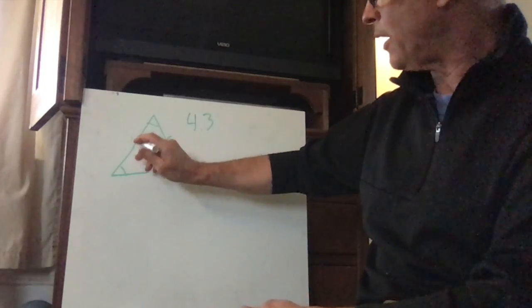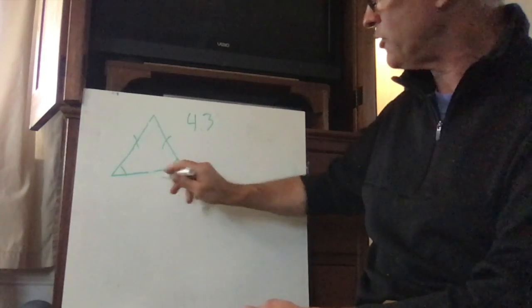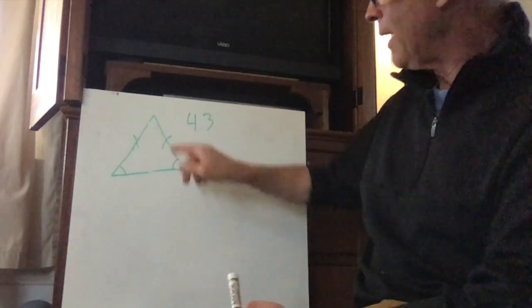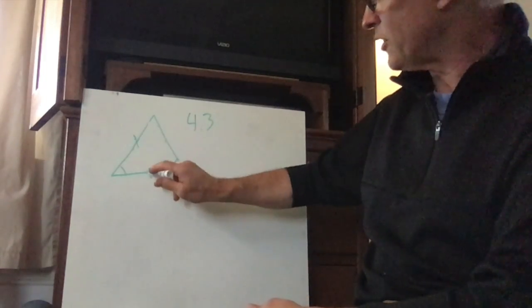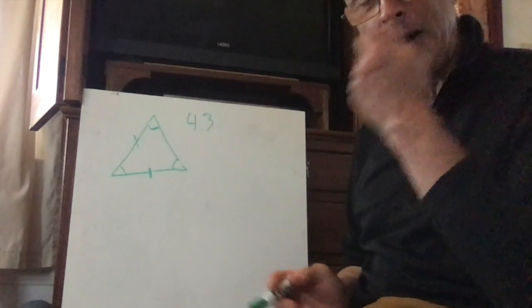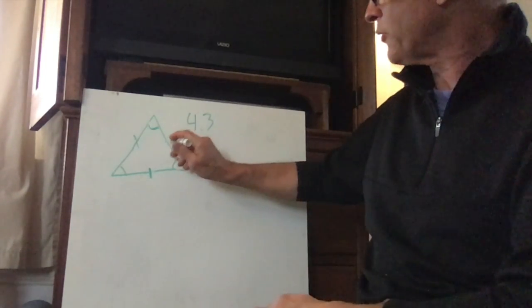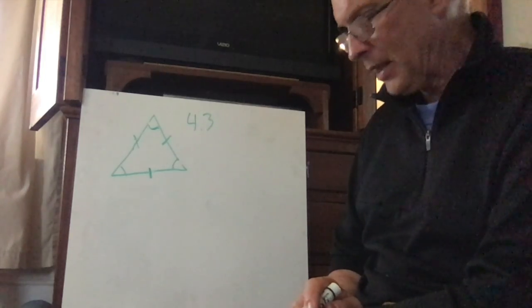We know that now if these two sides are equal, we know these two angles are equal. And then you can just work your way around one more time. If these two sides are equal, then these two angles are equal. So basically, you've kind of just proven that if all three sides are equal, then all three angles are going to be equal.